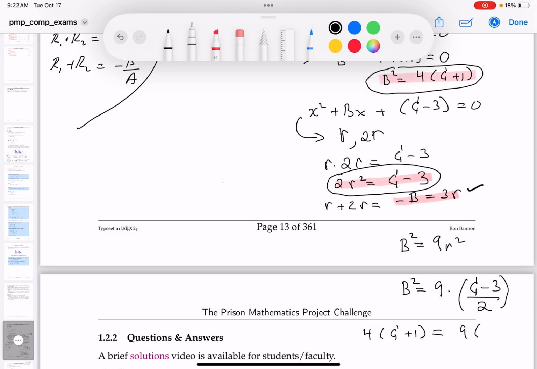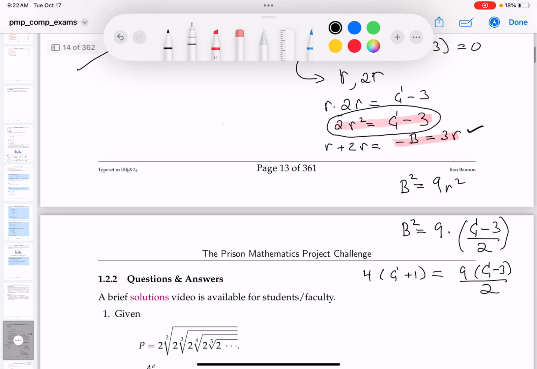And that's equal to 9 times c minus 3 over 2. I think I can figure out c now, and if I know c, I could probably figure out b. So I'm going to multiply both sides by 2. This is going to be 8 times c plus 1, and this is going to be 9 times c minus 3.